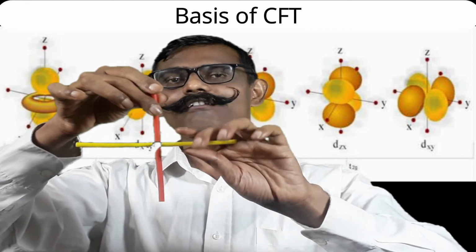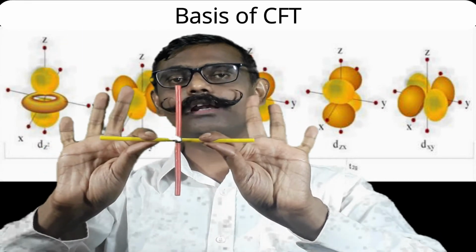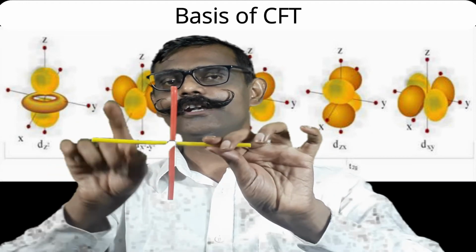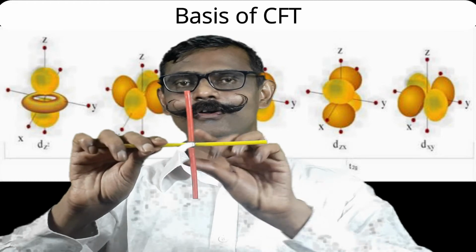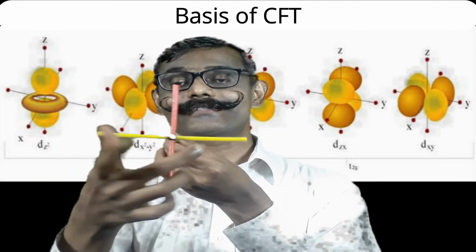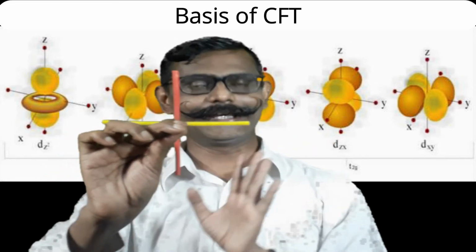Towards your right and left is the yellow x-axis, positive and negative direction. Towards your side and my side is the y-axis, positive direction of y and negative direction of y.